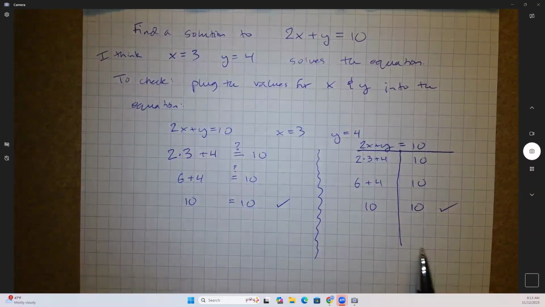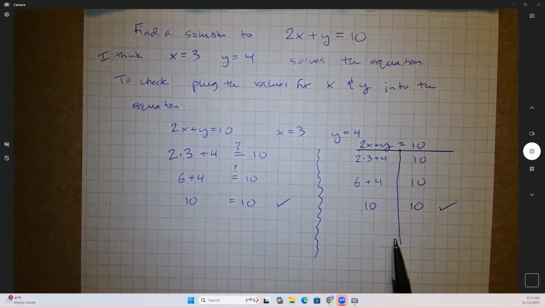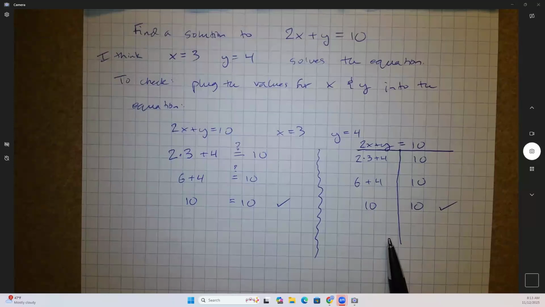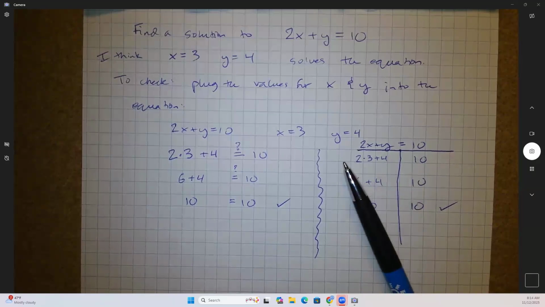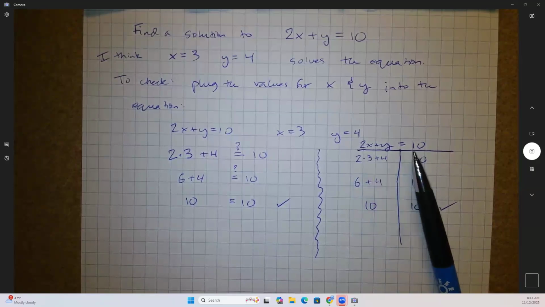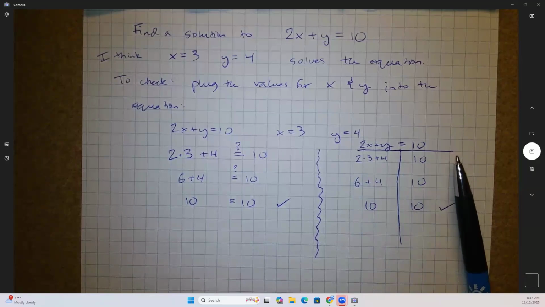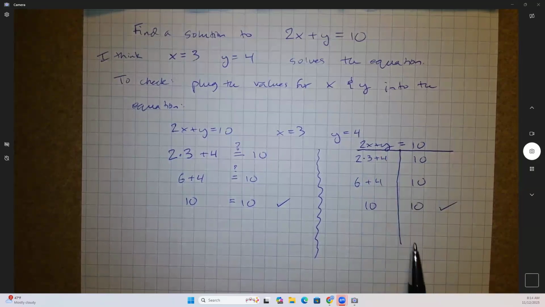The reason I like this method with that table is it can handle more complicated expressions. 2x plus y is pretty simple and 10 is super simple. But I could have one where there was like 3 times a quantity x minus 1 plus 2 times a quantity y plus 7 equals 4x minus 13y. And that's a lot to carry around. With the table, I can organize both sides a little better.